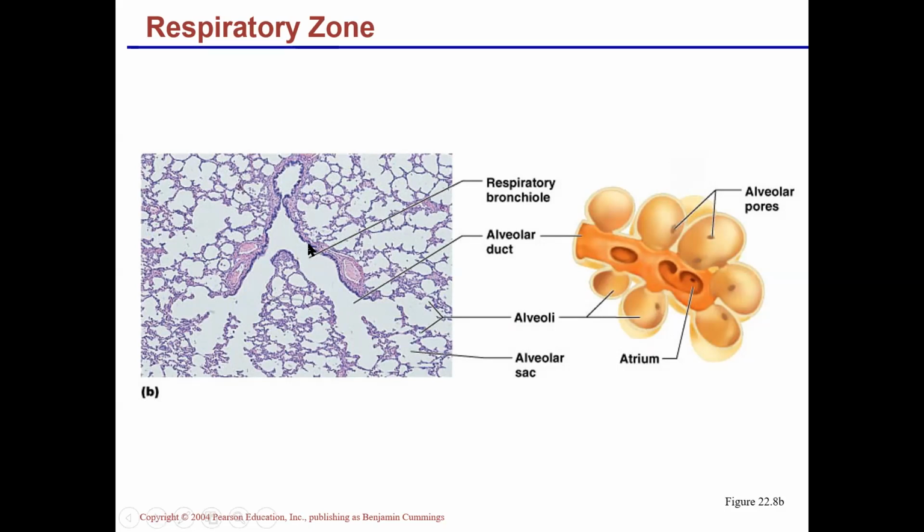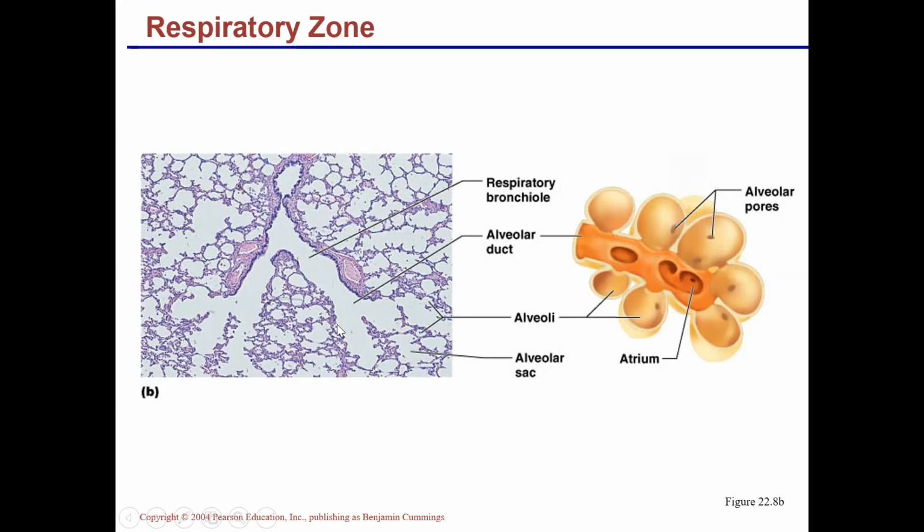From the trachea, it is pseudostratified lining, and then at the bronchi, it's more like a simple columnar lining, and at the bronchiole it's more like a simple cuboidal lining, like here.